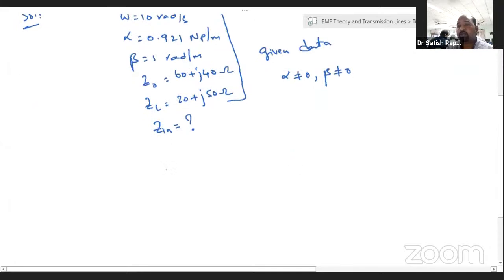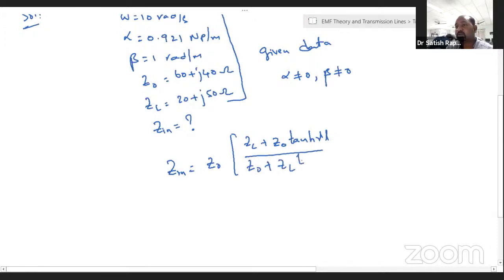So therefore, we have to consider this relation: Zin is equal to Z naught times (ZL plus Z naught tanh gamma L) divided by (Z naught plus ZL tanh gamma L). So this formula we need to consider to determine the input impedance.